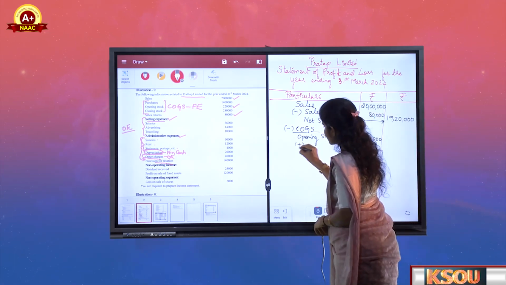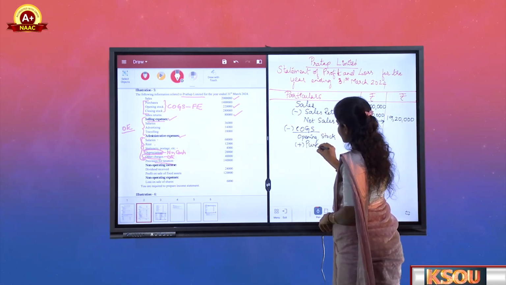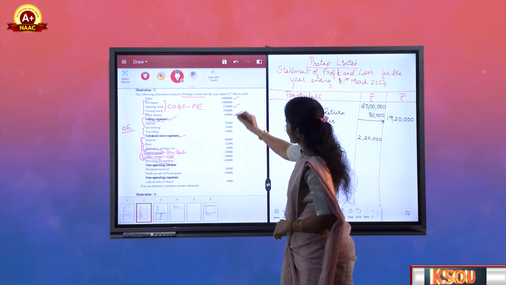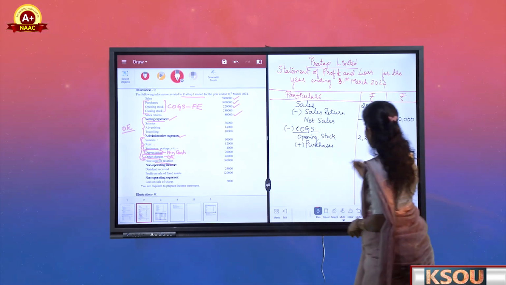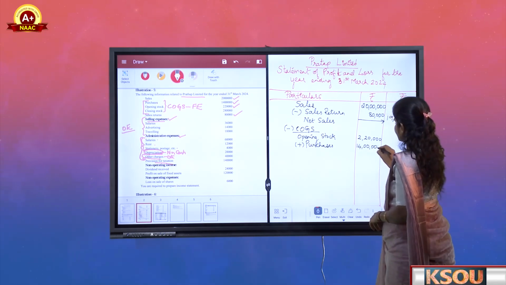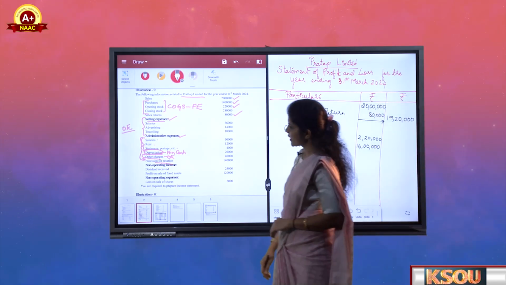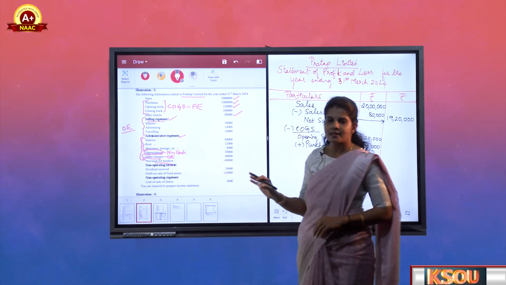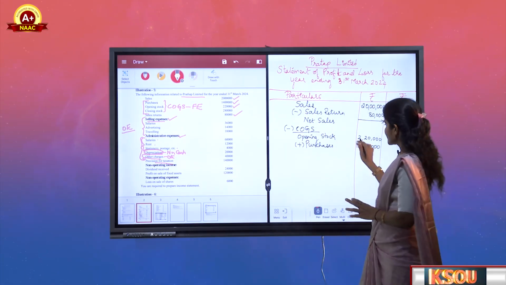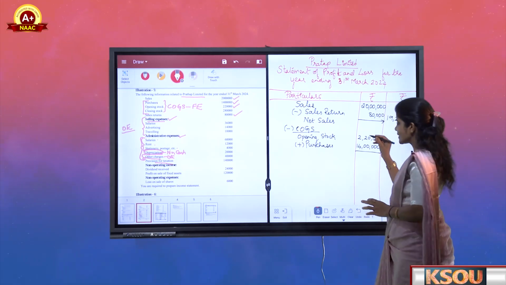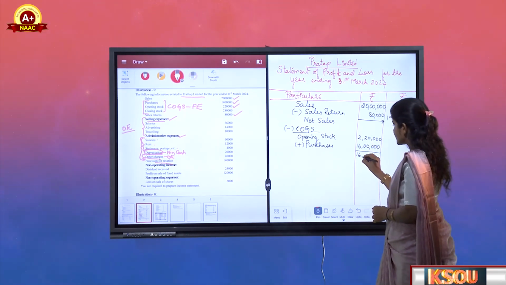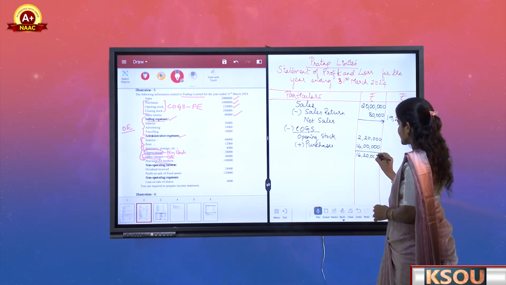Add purchases. The amount of purchases is 14 lakh. If there is any purchase return, that also we have to adjust; since here there is no purchase return and also no direct expenses, I am taking the total. Opening stock of 2,20,000 plus purchases 14 lakh is 16 lakh 20,000.